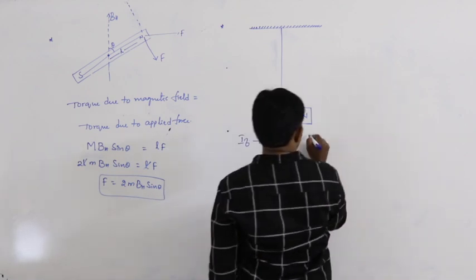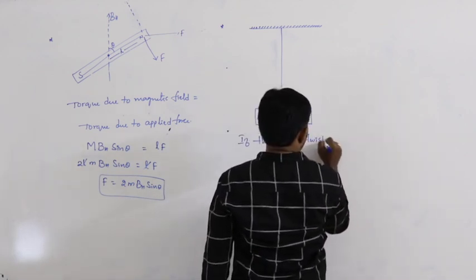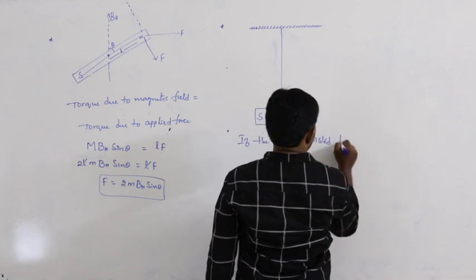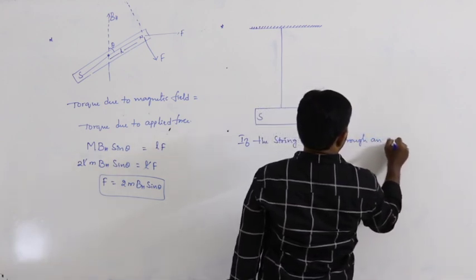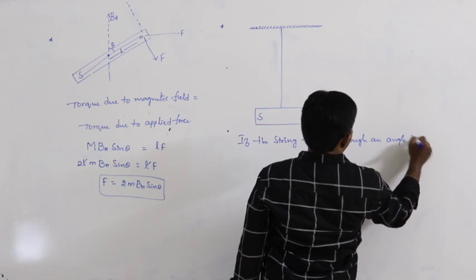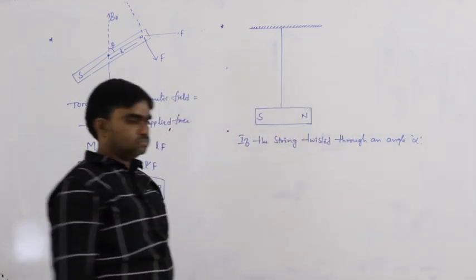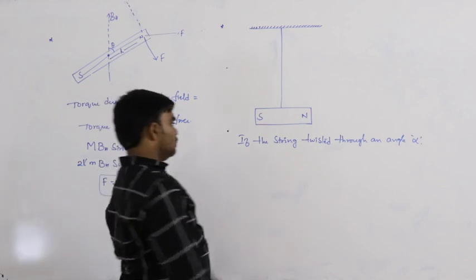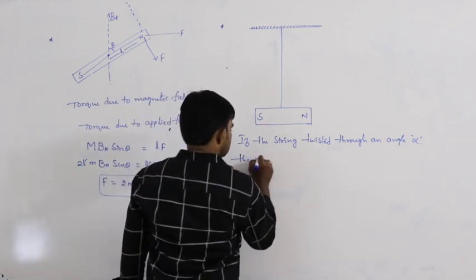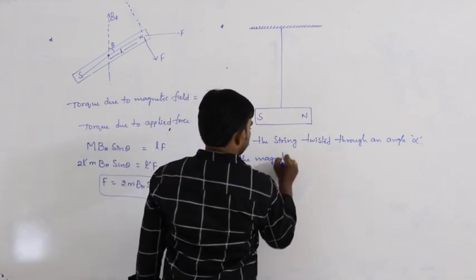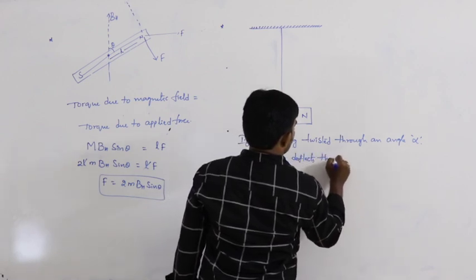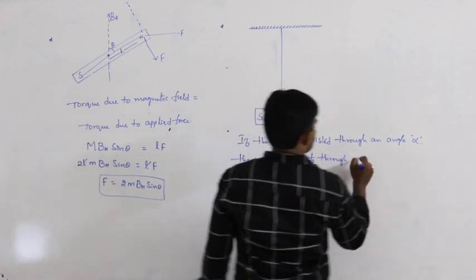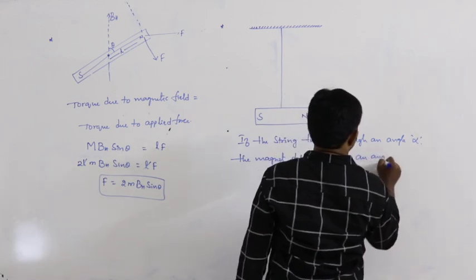So, if the string is twisted through an angle alpha, the magnet deflects through an angle theta.